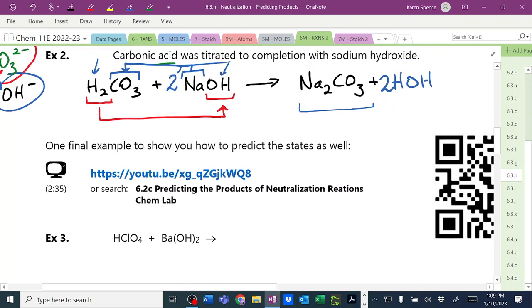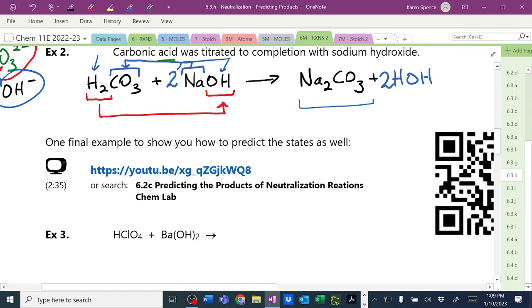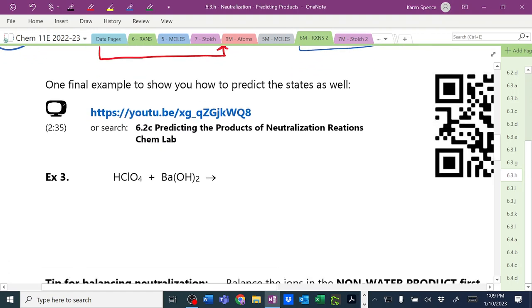One final example to look at states. We have HClO4, which is aqueous, and Ba(OH)2, which is aqueous.